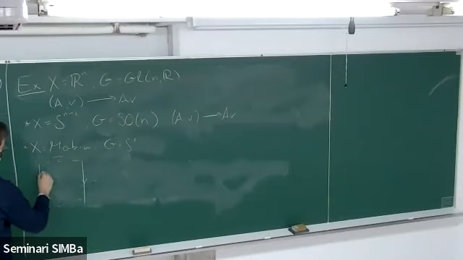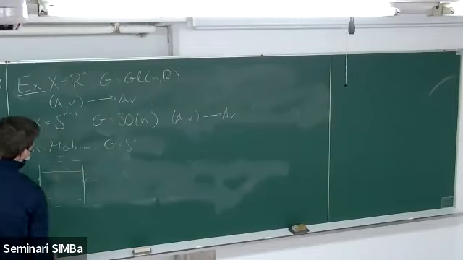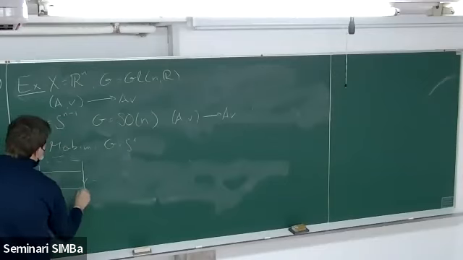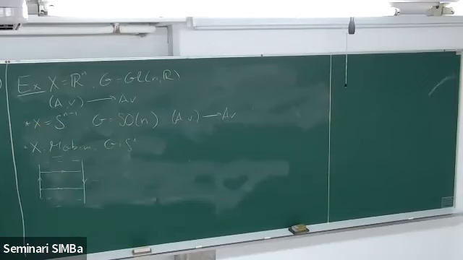So we start, for example, with a point here, we start moving, we reach this point, but we need to continue here below. And then we go up again. So this would be an orbit.